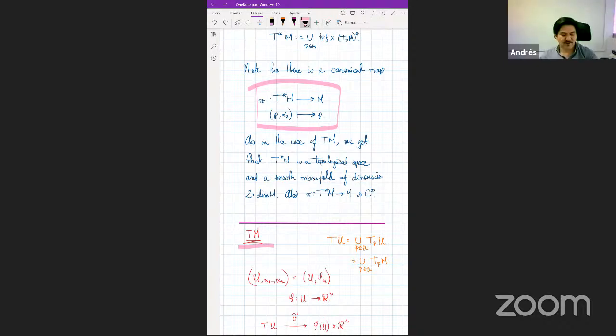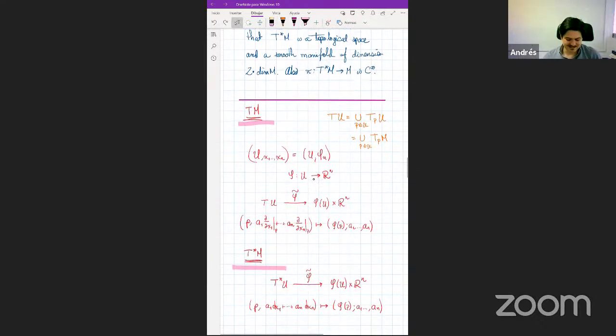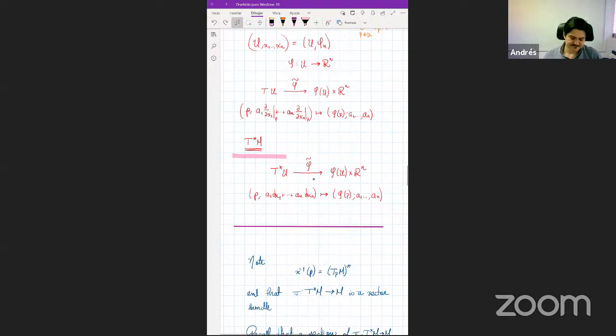So for any point on M, the preimage has the structure of a finite dimensional vector space. So what we have, in fact, is a vector bundle of rank n, the same dimension as the manifold.